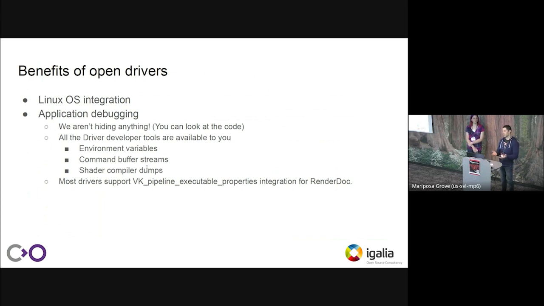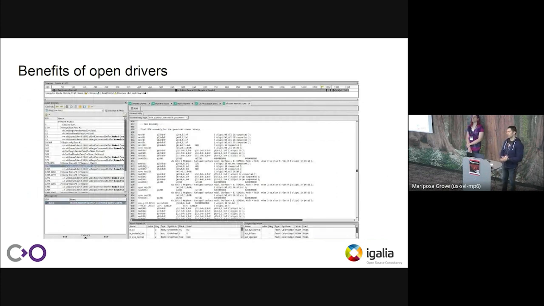And also, most drivers in Mesa are going to support things like pipeline executable properties, which is then integrated with RenderDoc. If you haven't seen how that works, it looks a bit like this. This is a capture from RenderDoc with the Intel driver. And you can see here the shader assembly dump for, I think, a fragment shader.